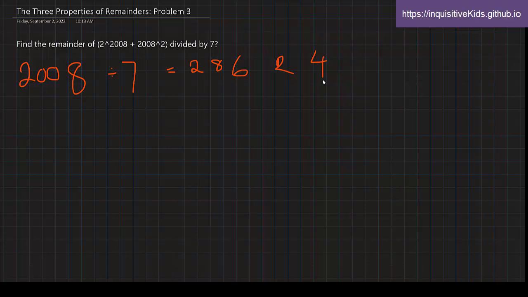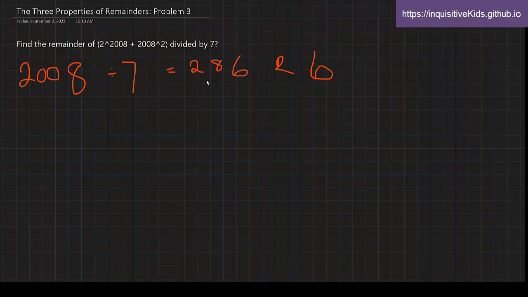So if we know that 2008 divided by 7 has a remainder of 4, then it should come to us that 2008 raised to the second power, sorry, this is 6, raised to the second power would just be 6 times 6, right?